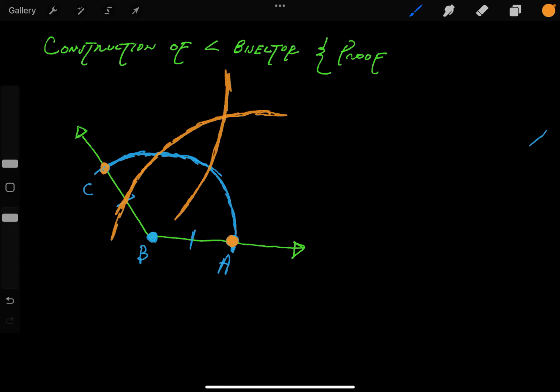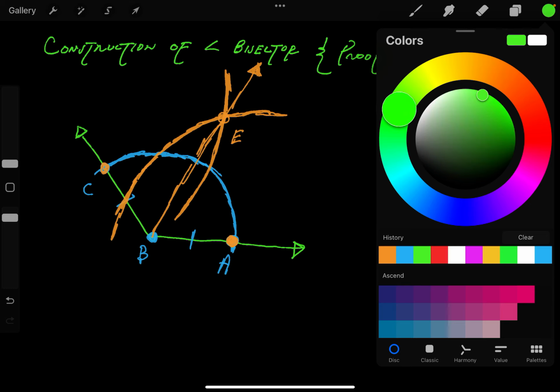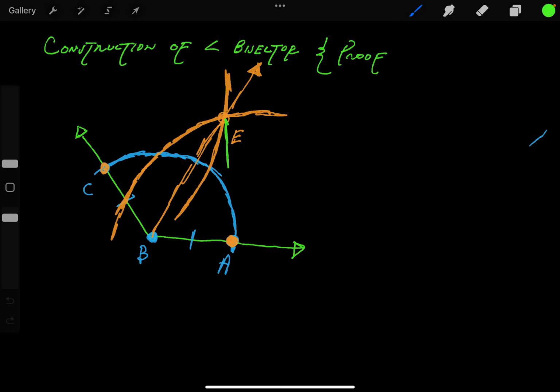And then what you do is you call this point E, and the line from B through E is your angle bisector. Now, why is this? Well, we should see that basically the length from A to E is the same as the length from C to E by our construction.